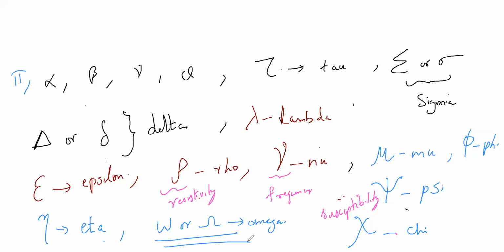These are some of the symbols which you don't know. Some of the symbols you know, I think around 60-70%. But this symbol, tau, is used for torque as well as for relaxation time. Don't worry if you're hearing it for the first time. This is what I have to tell you.